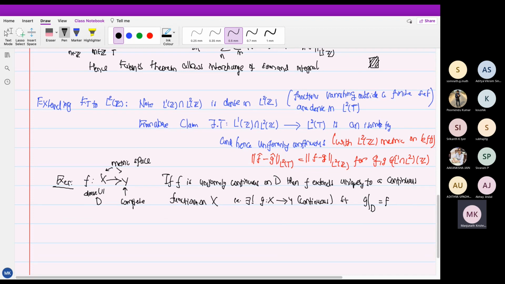Because of that, now you see that we have proved how to define the Fourier transform.